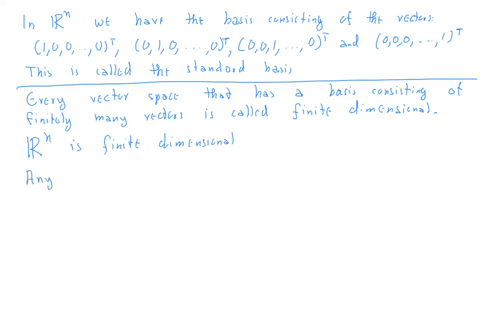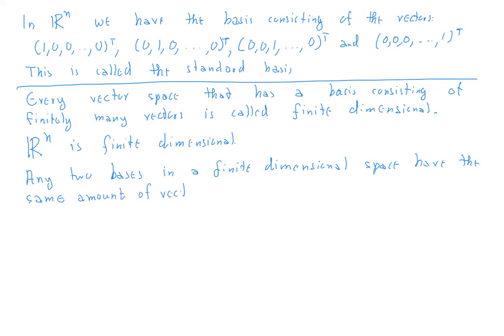Any two bases in a finite dimensional space have the same amount of vectors. So this means that you cannot have in the same space a basis that has 10 vectors and another basis that has 7 vectors. That's impossible.